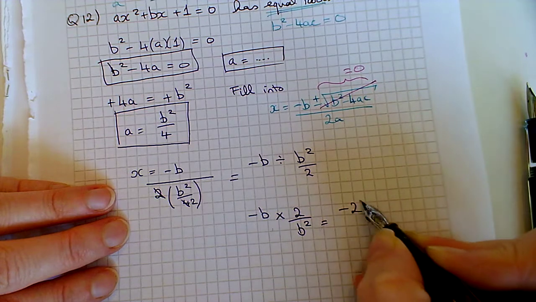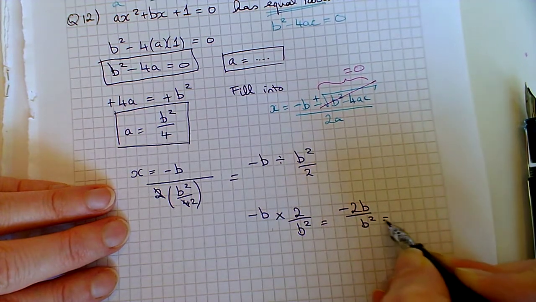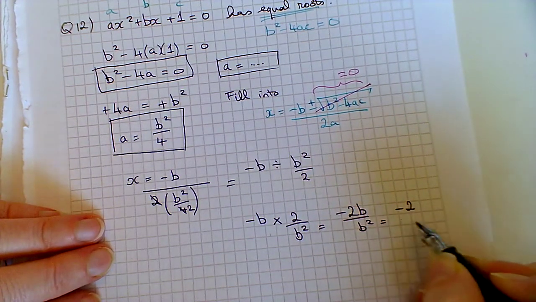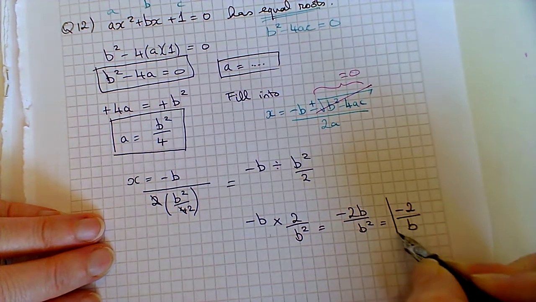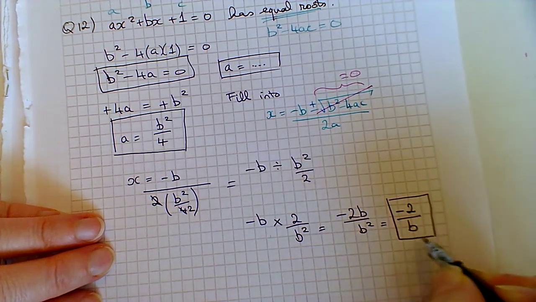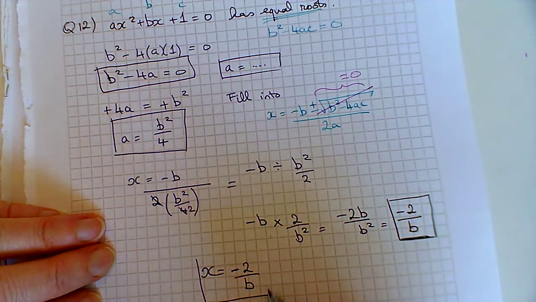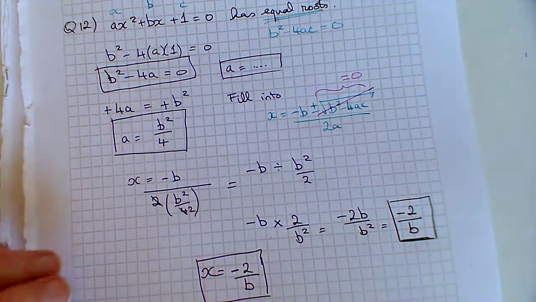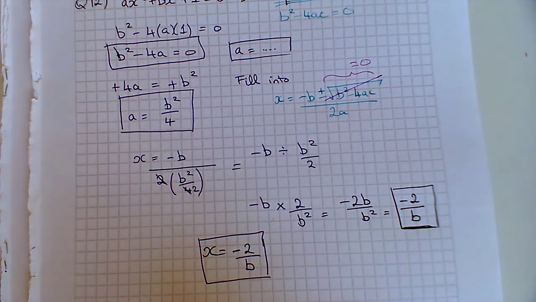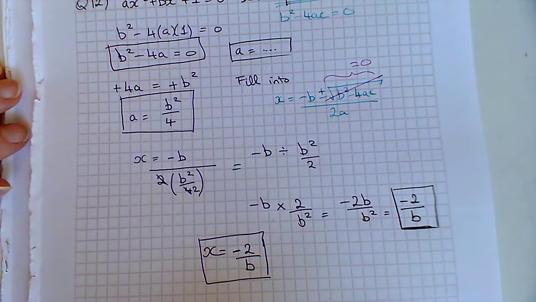So that's minus 2b over b squared, which is minus 2 over b. You wouldn't have to show every step there, but that's the answer. So x, the root of the equation in terms of b, is minus 2 over b. The equal root that we're talking about.